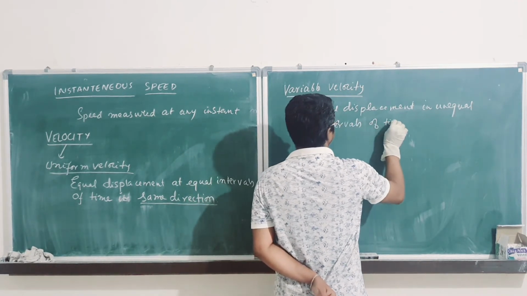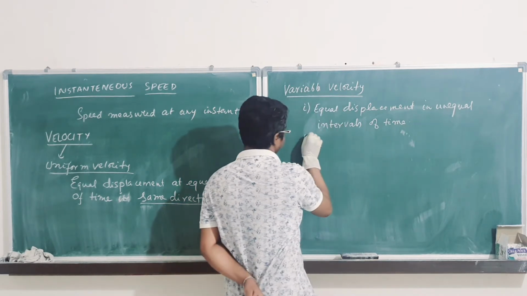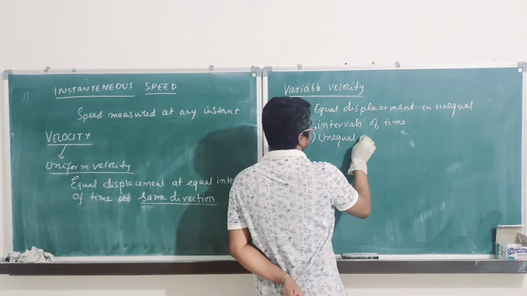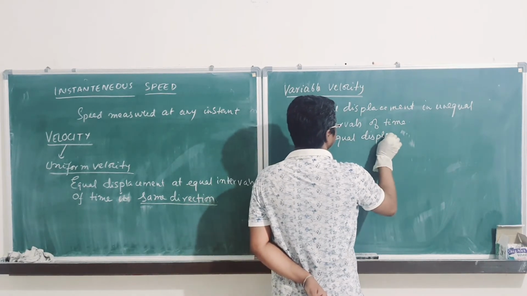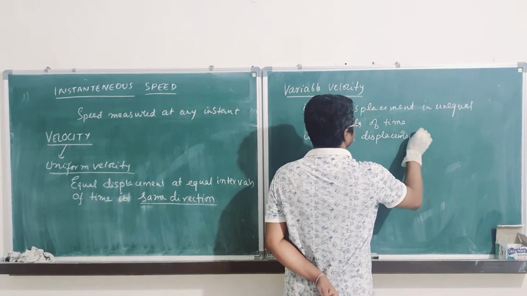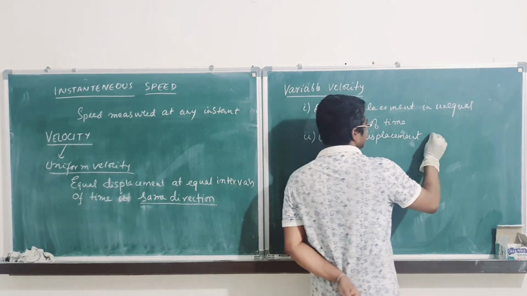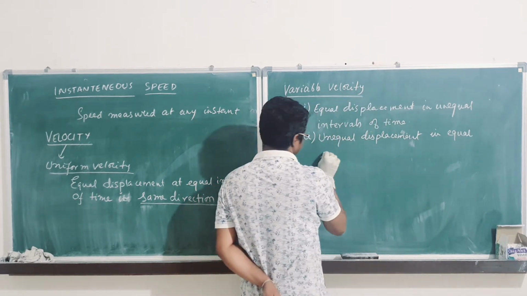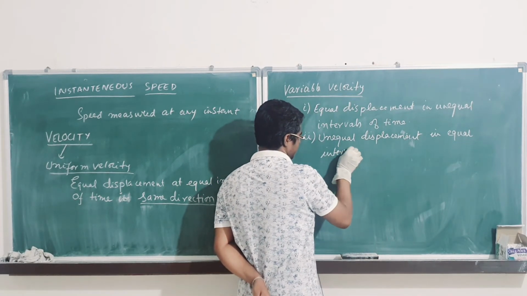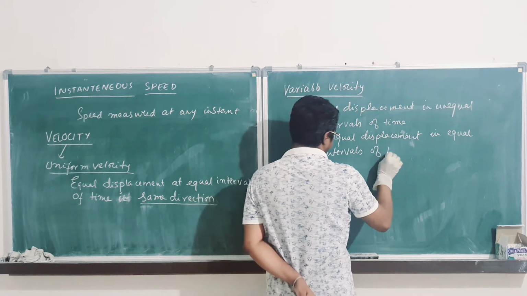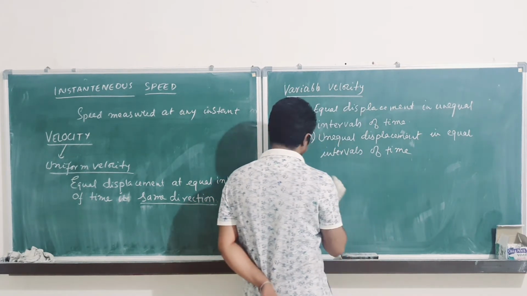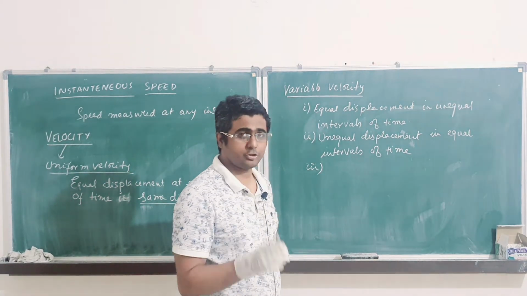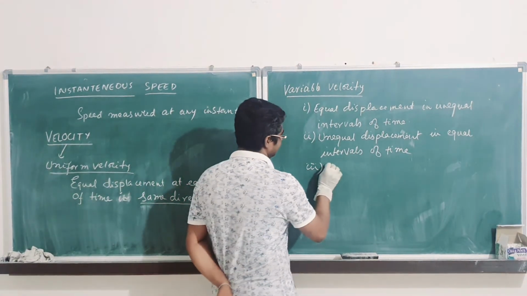Number two is unequal displacement in equal intervals of time. This thing we know already. Number three is, it can also be a case where there is a change in direction.